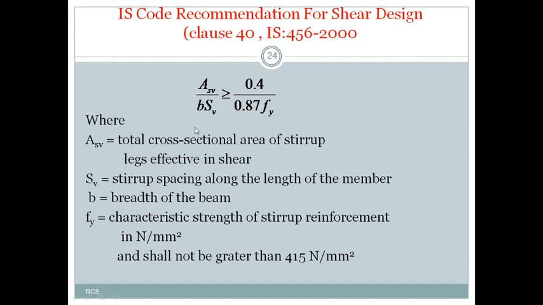According to this formula, we can calculate the minimum shear reinforcement required. Here Asv is the total cross-sectional area of stirrup legs effective in shear, Sv is the stirrup spacing along the length of the member, b is the width of the member, and Fy is the characteristic strength of stirrup reinforcement. In no case should it be greater than 415 Newton per mm square.